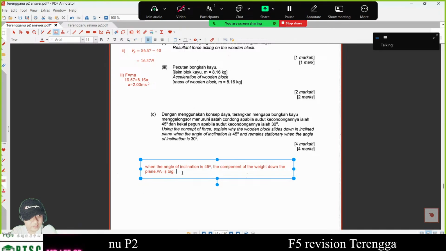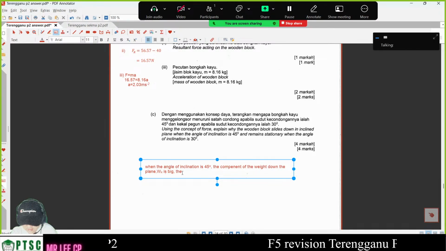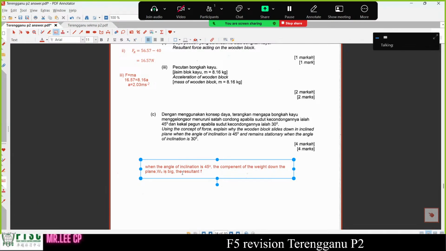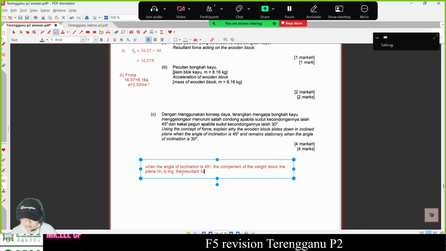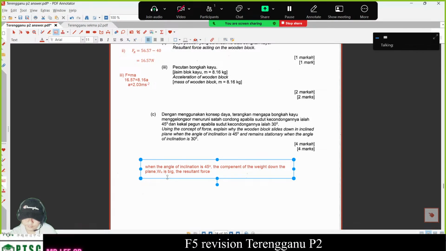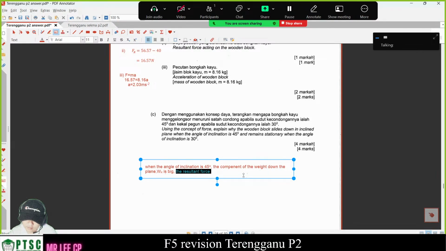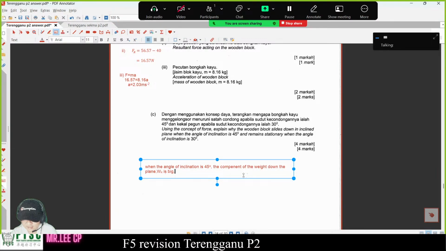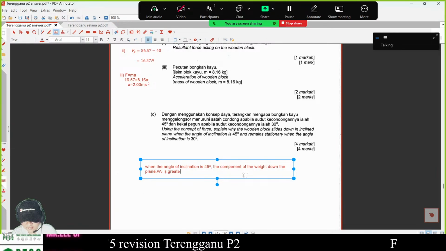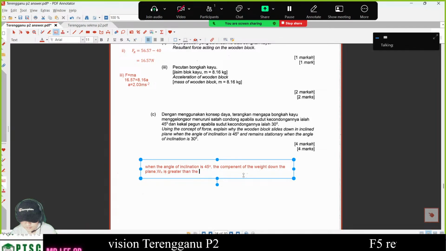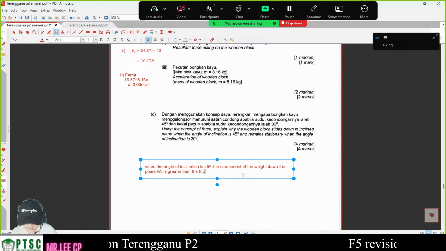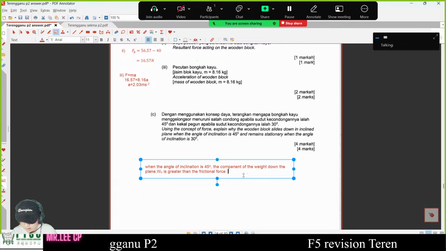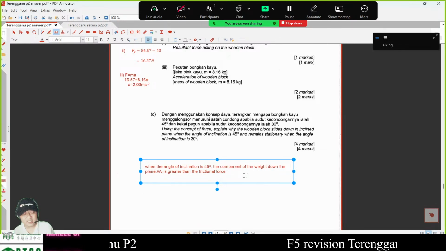When it is big, so the resultant force is big. How big? It is greater than the frictional force.